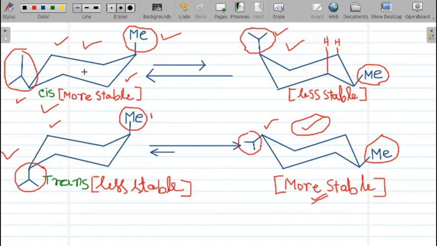But when distinct groups are present, like a methyl group and a 1 degree, 2 degree, or 3 degree carbon, the conformation where the small group is present at the axial position and the bulkier group is present at the equatorial position is more stable than the conformer where the bulkier group is present at the axial position and the smaller group, like methyl, is present at the equatorial position. So this is it for this video.